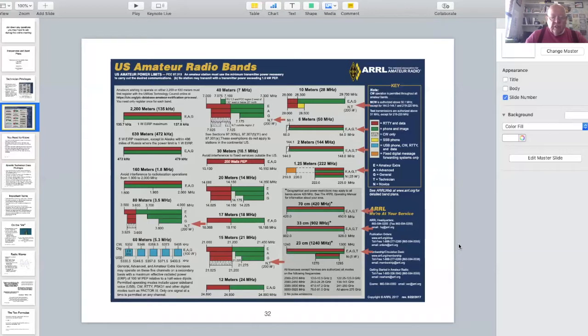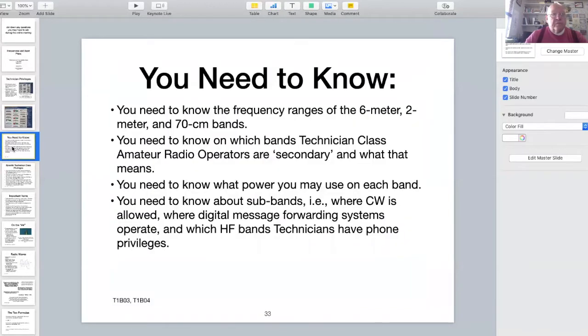In subsequent sessions, I'll touch on some of these other capabilities. It's important to know, however, which frequencies are available to technician class license holders. There will be a number of questions on the test about that. As you work through the questions on hamstudy.org, you'll learn what these frequencies are. For the most part, though, you're just going to have to memorize them.